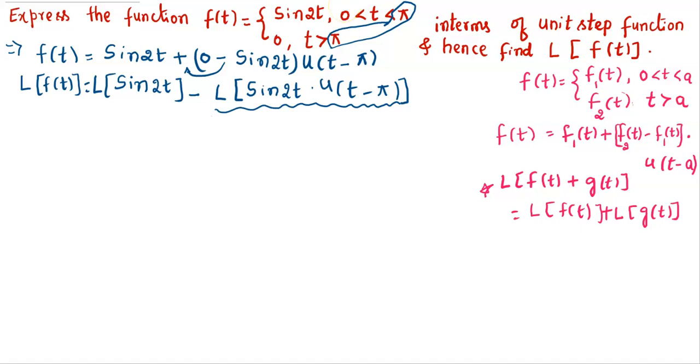Let me take sine 2t as capital F of, what we have in the unit step function, that is t minus pi. So let me write capital F of t minus pi equal to sine 2t.